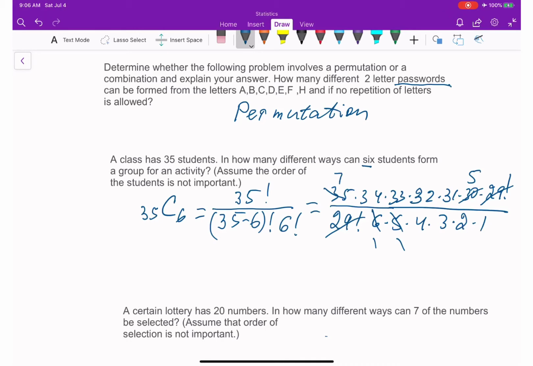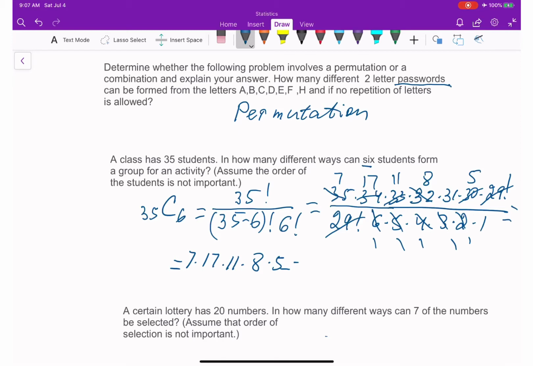35 divided by 5. 4 I can cancel with 32. Will be 8. 3 I can cancel with 33. Will be 11. 2 I can cancel with 34. Will be 17. Or you could cancel with 8 also, doesn't matter. So let's see, out of this mess, what do we have left? 7 times 17 times 11 times 8 times 5.